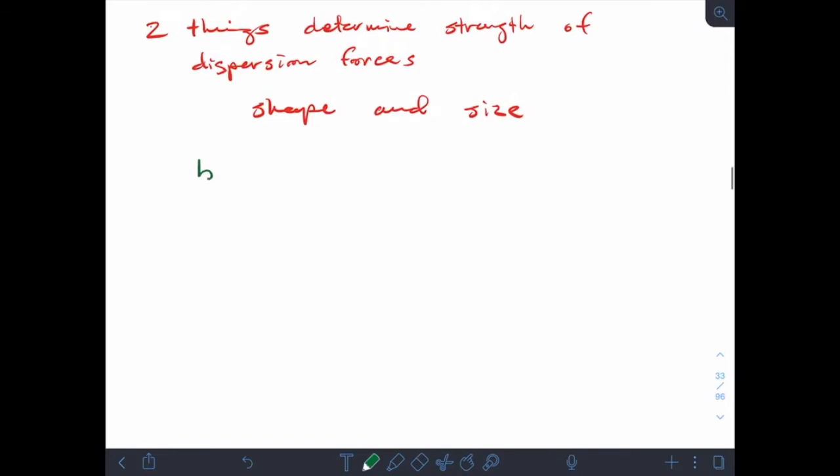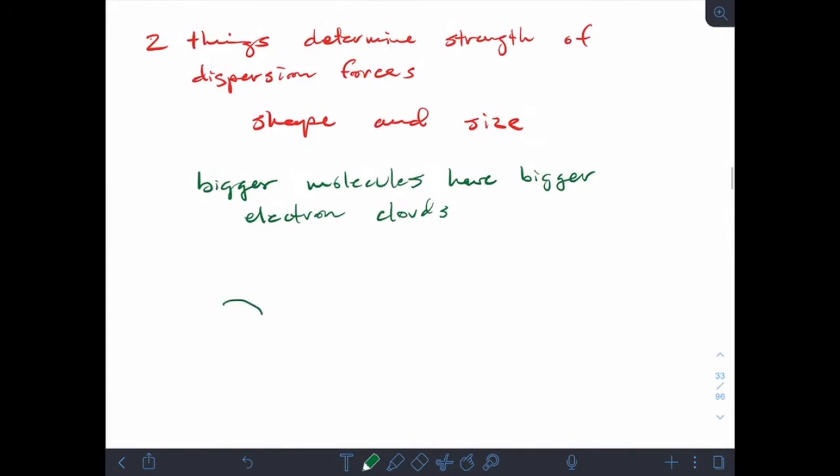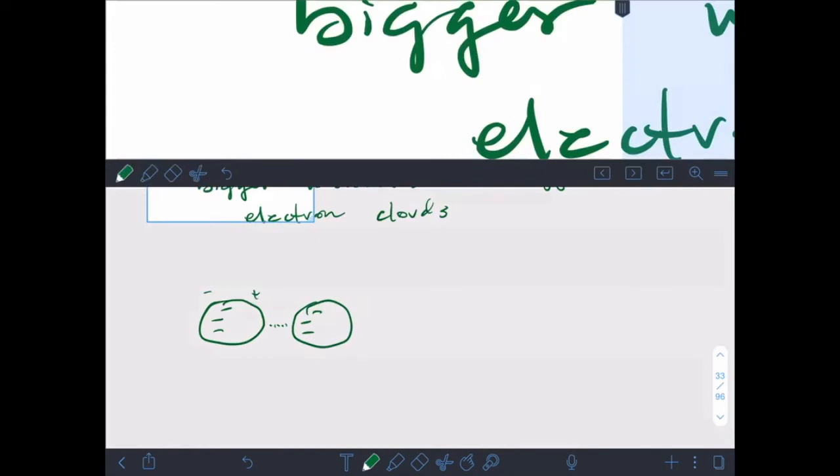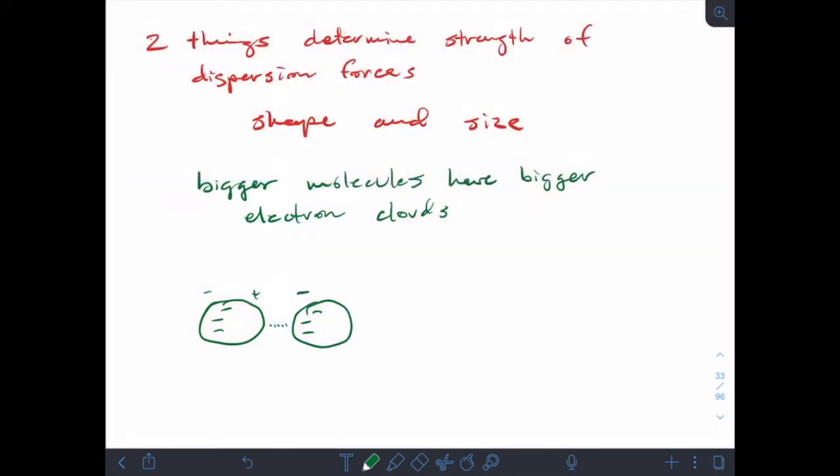So the idea with that is that bigger molecules have more electrons. They have bigger clouds. Okay? So size is important, and you can think about it in terms of molar mass, right? But let's imagine that I've got one scenario here, and I've got this interaction, positive, negative, negative, positive, okay?